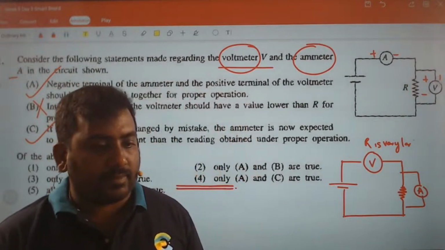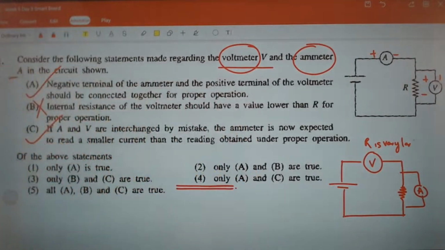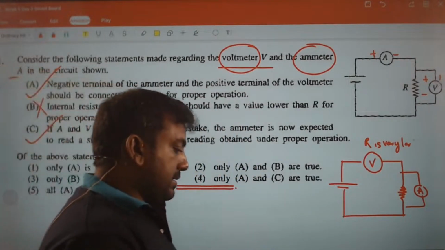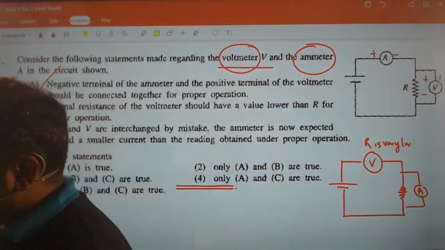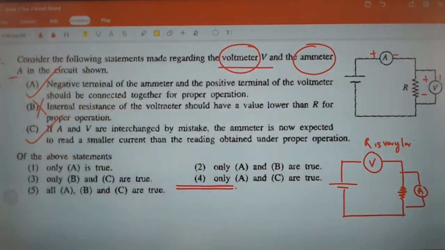If we connect a voltmeter in series, the effective resistance will be very large.